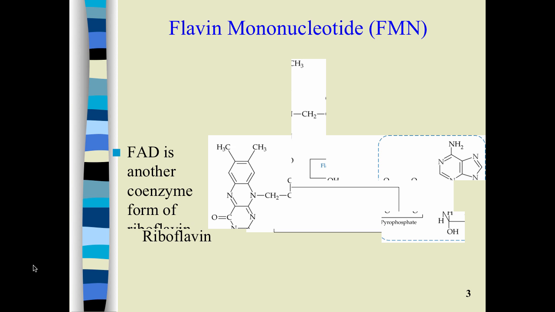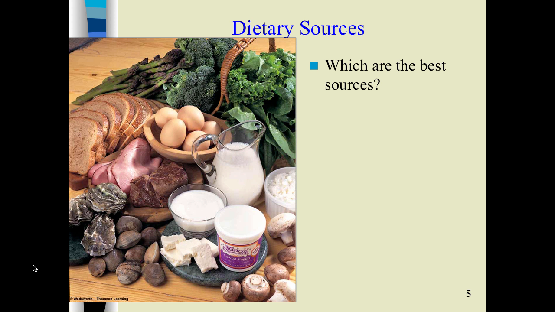Here is adenine, and here's a ribose that attaches it. So here's our adenine dinucleotide that's attached to the vitamin. We're familiar with FAD. We'll talk about that more, and I'll show you the reaction in a few minutes.